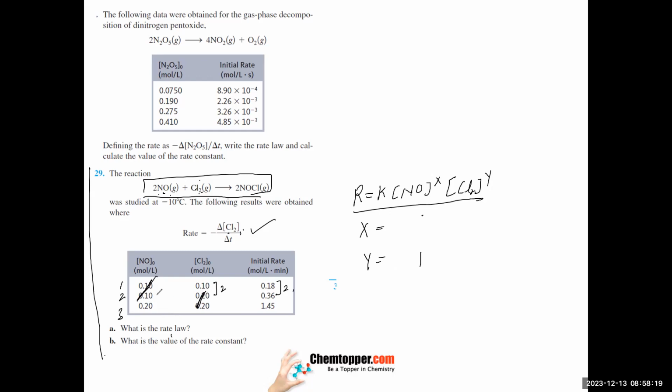This cancelled. This is doubled. How many times has this increased? 4 times. So 2 raised to power x is 4. That is 2 raised to power 2. So order is 2. Very good, Naisha. Very good. Perfect. So what's the value of rate constant? You can do it. So all these are now mathematical questions.